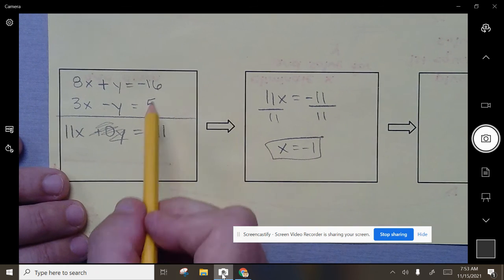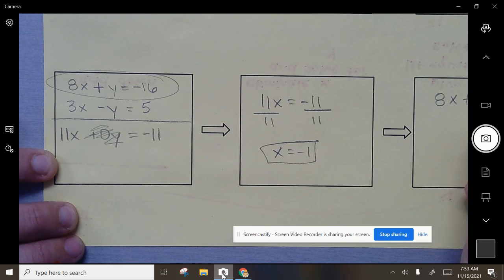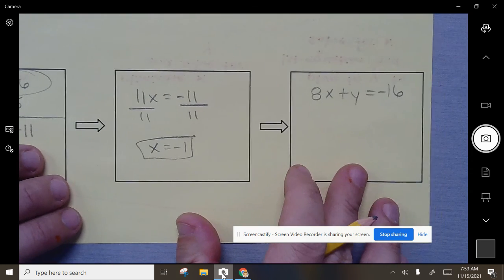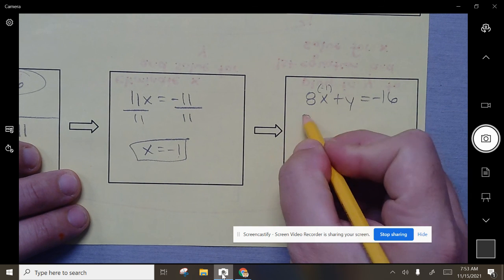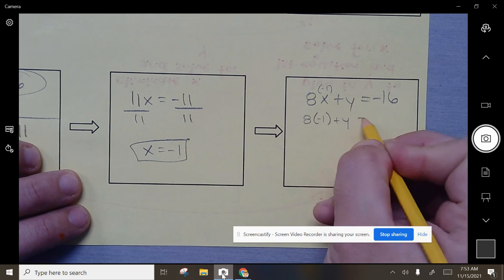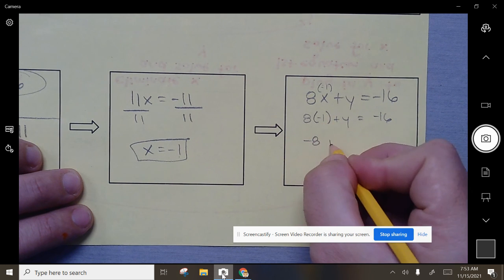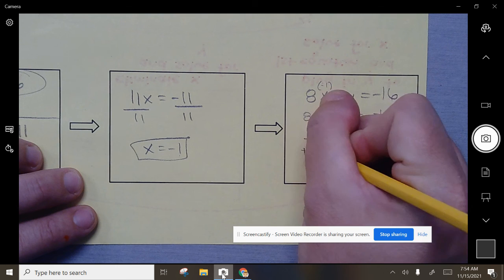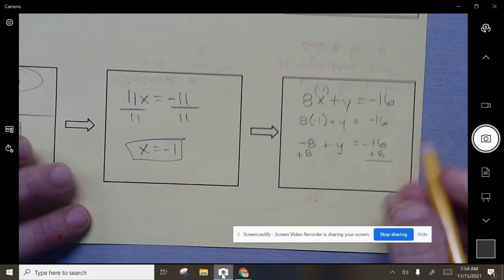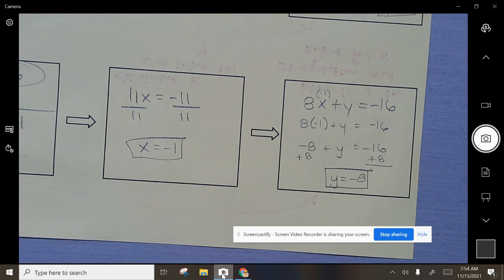Then let's rewrite the first equation. It can be the second one too. It can be whatever equation you want it to be. All right, whichever one. Negative 1 is going to go where x is. You're going to put negative 1 here. So 8 times negative 1 plus y equals negative 16. So negative 8 plus y equals negative 16. I'm going to add 8 to both sides, and y is going to equal negative 8. Okay?